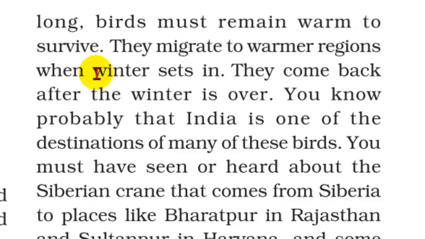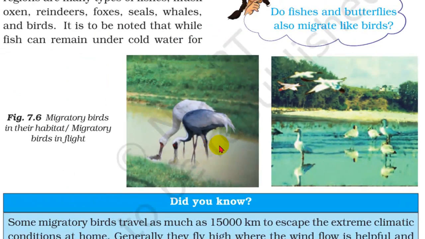During the winter, they go to the warmer place, and again, when the winter is over, they go back to their original habitat. Let's see these animals. These are the migratory birds in their habitat, or the migratory birds in flight.